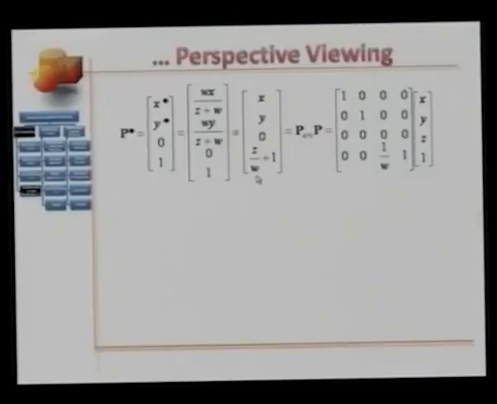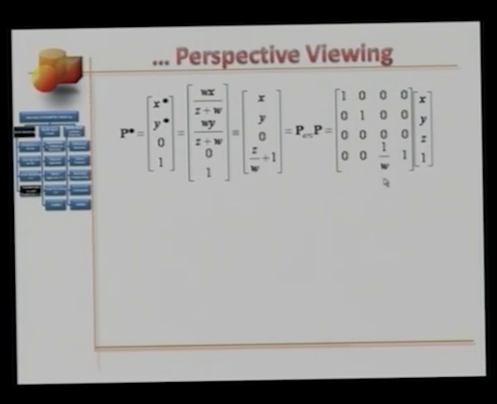I can extract the 4 by 4 matrix from this column vector and separate the expressions in terms of this 4 by 4 matrix and the original column vector x, y, z and 1. Notice how 1 over w appears in the 4th row and the 3rd column.